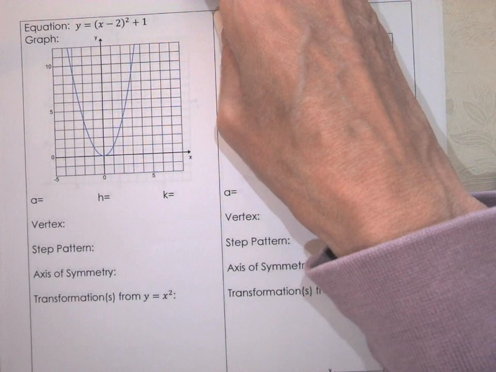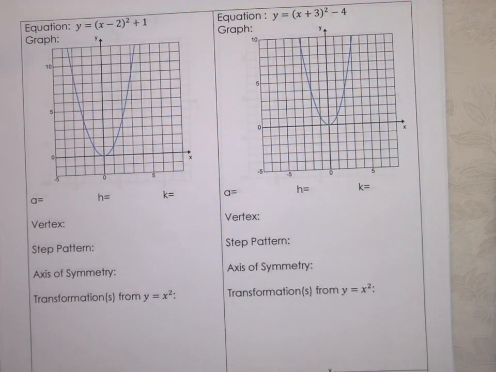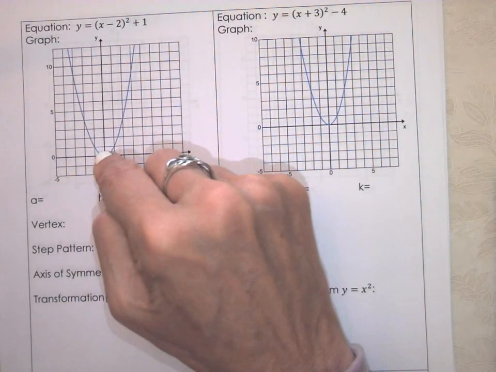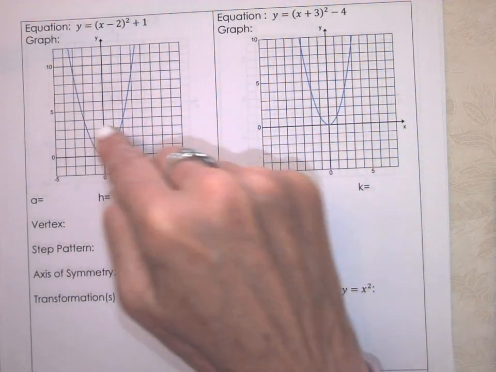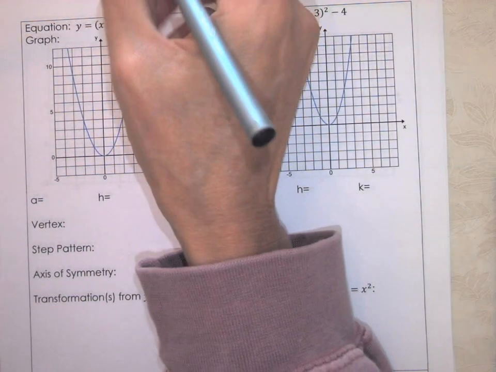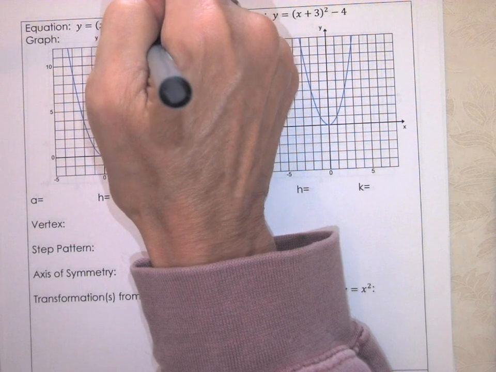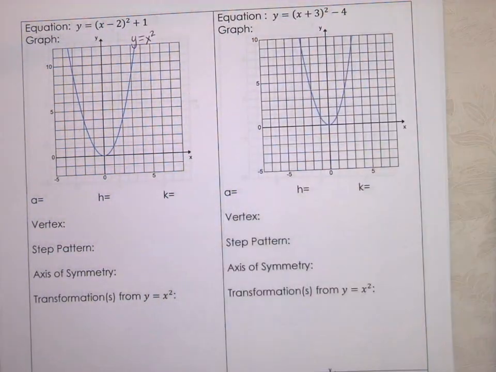So we've got our equation here, and this blue one that's already on there is always going to be our y equals x squared, which is our parent function. We call it our parent function because it's the most basic parabola.